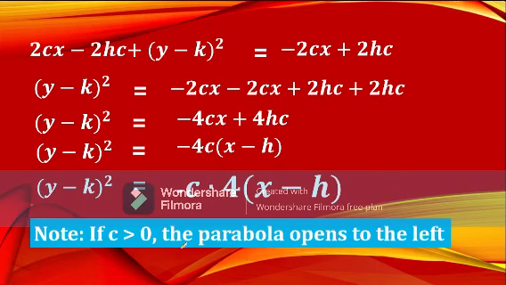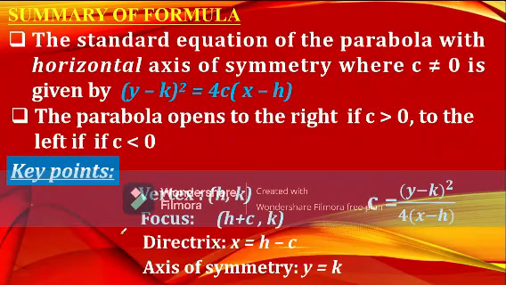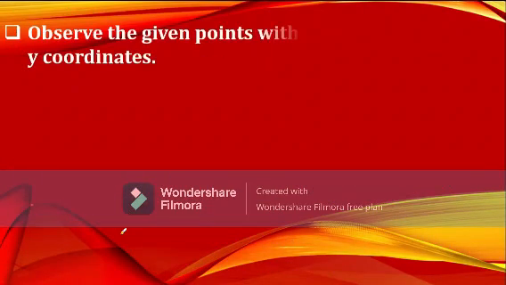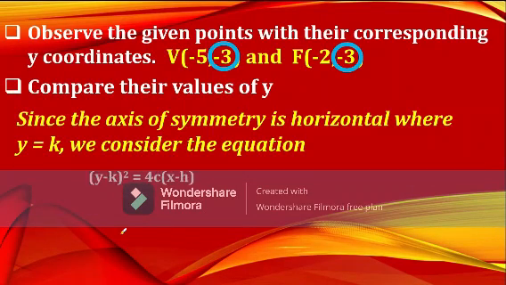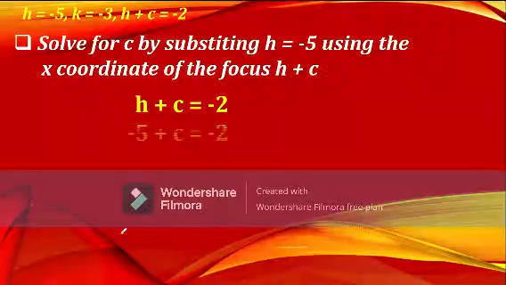Since C is less than, this should be less than. Okay, I want you to make the correction. This should be less than. Then let's proceed. Now this time we are going to have examples of problems involving parabolas.